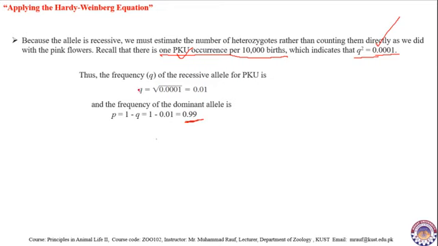Now we have the frequency of the recessive allele, we have the frequency of the dominant allele, and remember at the start what we were trying to find out. We wanted to find out the number of individuals that are carriers for this condition.